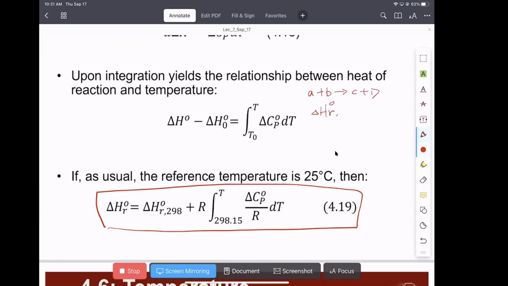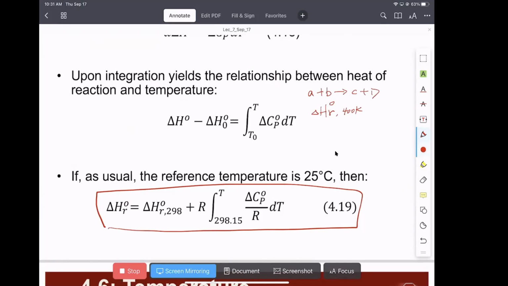Let's say this is 400 Kelvin, okay? So the calculation goes using the following understanding. Number one, the enthalpy change is a state function. So we are able to design the path without affecting the actual value.